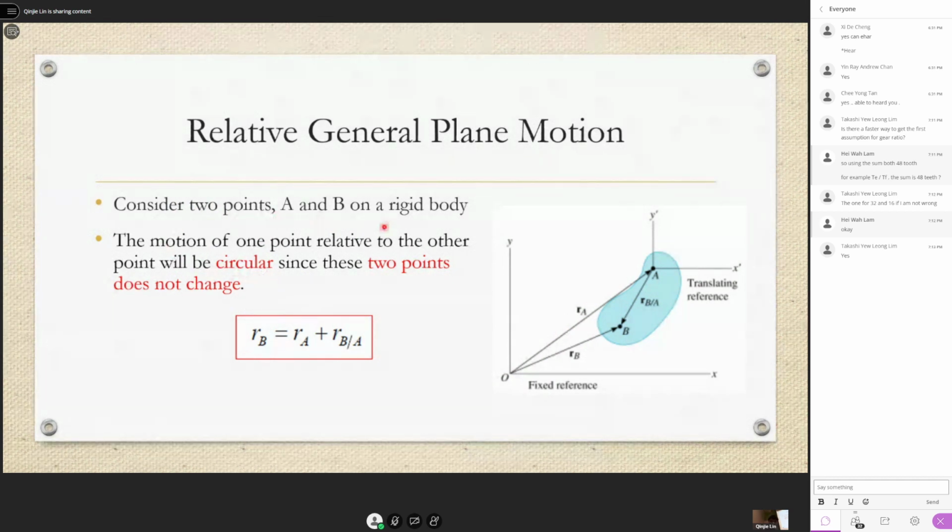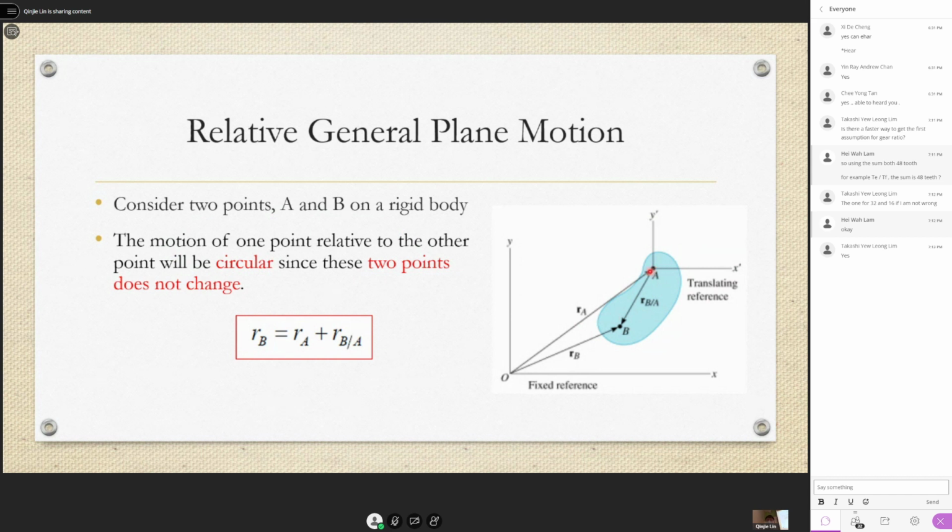The second point here is just trying to say that on a fixed object, this B cannot translate away from A, correct or not? Because the object is rigid. It cannot move away from A. So if it changes with respect to A in space, it must be a rotation only.